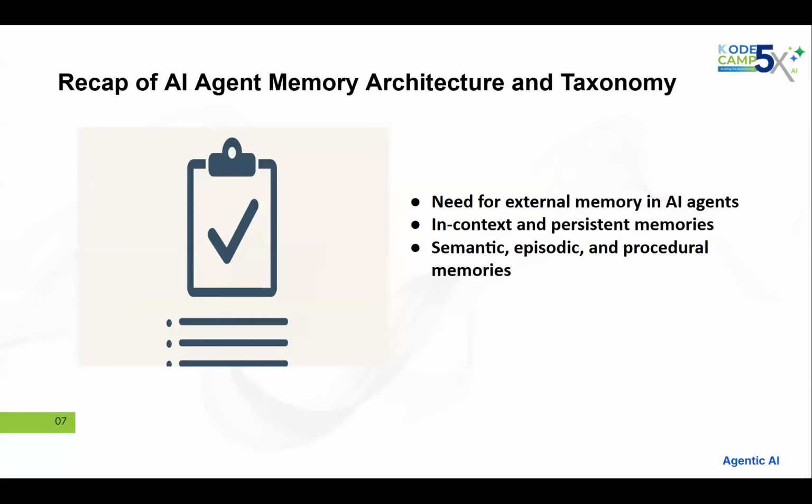We talked about in-context and persistent memories. And we also talked about the taxonomy for persistent memories, where we talked about semantic memory, which has to do with facts and general world knowledge, episodic memory, which has to do with the agent's own experience, as in what has happened as the agent executes, keeps the records of that, and procedural memory, which has to do with workflows, procedures, and so on.